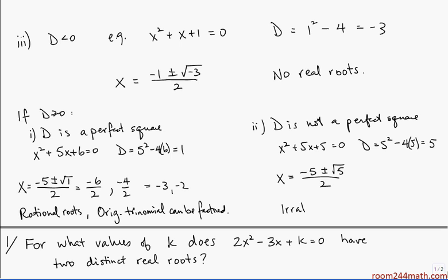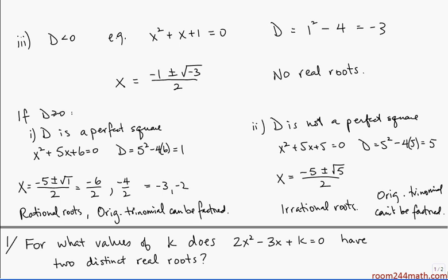And these are clearly irrational roots, because you have that radical floating around. And the original trinomial cannot be factored because you cannot find two numbers with a product of 5 and a sum of 5. So the original trinomial can't be factored. Didn't leave myself enough room here.